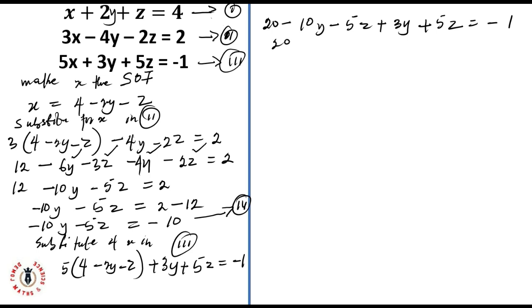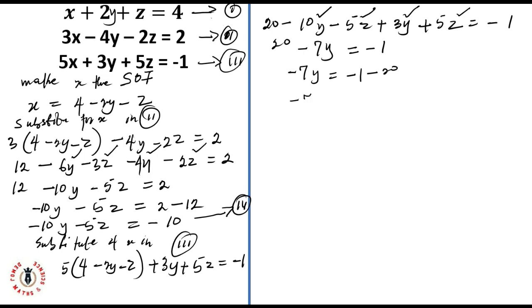I'll have 20, minus 10y plus 3y. That's obviously minus 7y. I have minus 5z and plus 5z. That's going to be 0 because plus and minus cancel each other, and this will be equal to minus 1. Obviously, 20 minus 7y is the same thing as minus 1. 20 goes to the other side, minus 20.